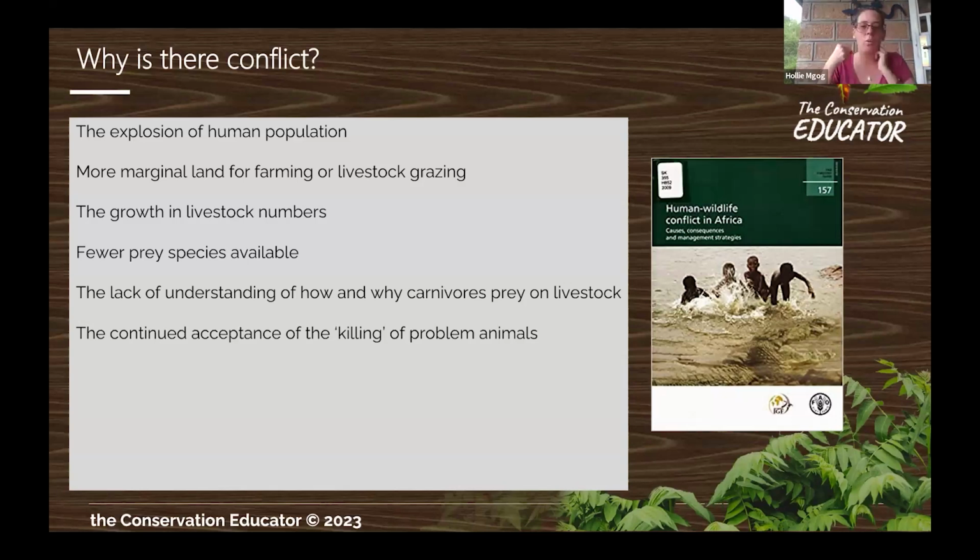Competition for water points. You saw that in the very opening slide with the lion taking the goat. All animals need water, us included. And if there's competition and there's drought or there's a need for that water, conflict is going to happen at that point. There's also a lack of understanding of social structures of predators. And I am going to come back to that.